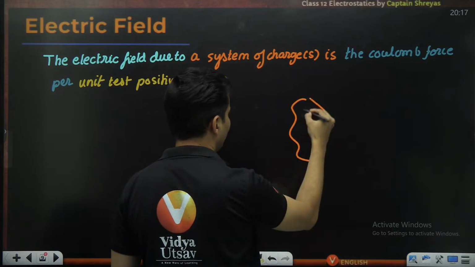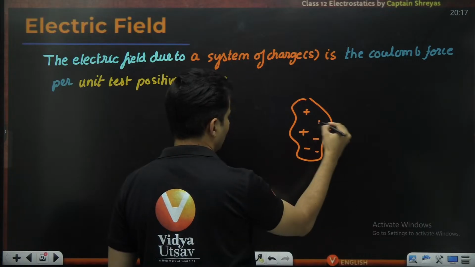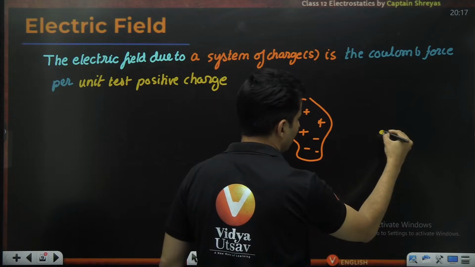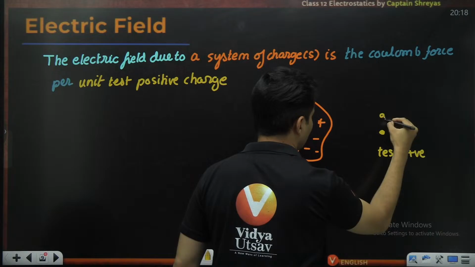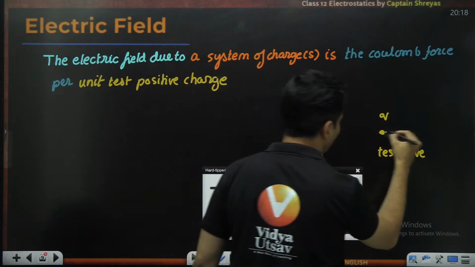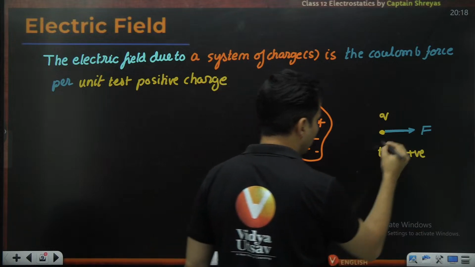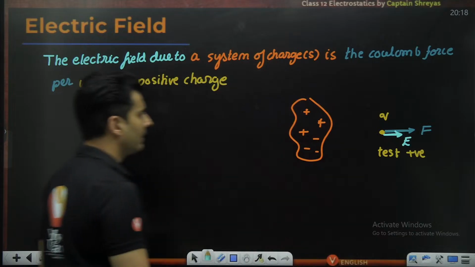So if you have some charges over here, and you bring a test positive charge, then whatever force acts on it per unit of that gives me the value of the electric field.